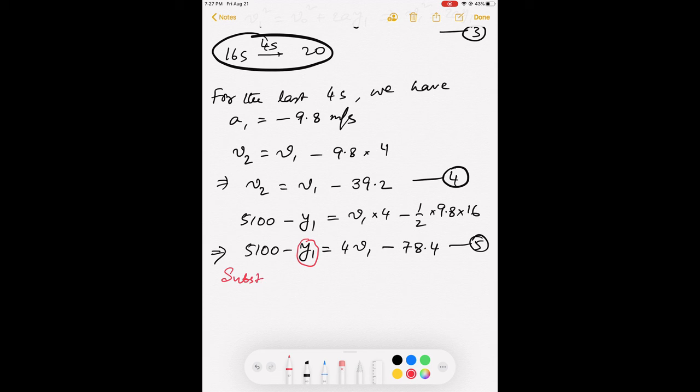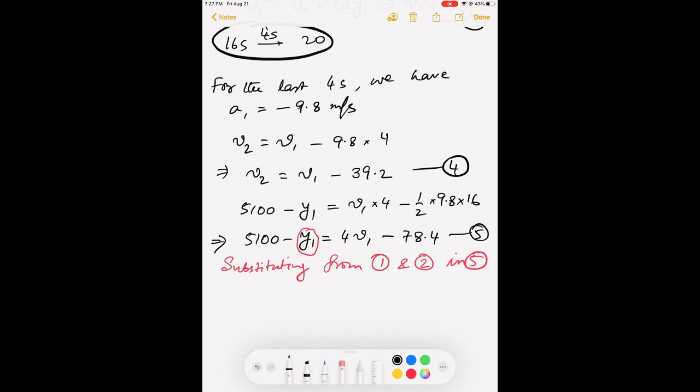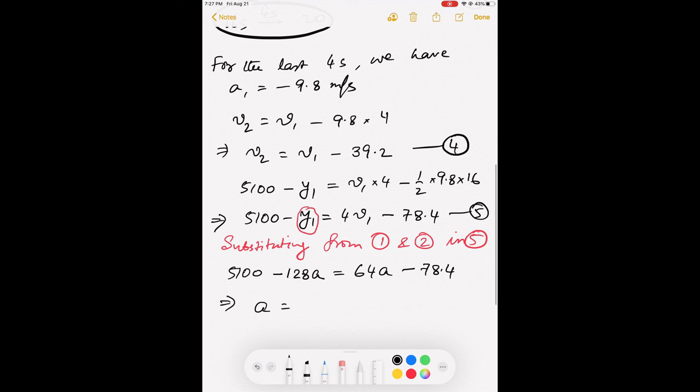So substituting from 1 and 2 in 5, what we get is basically 5100 minus 128a equals 4 times 16a minus 78.4, and you can solve easily now for a from this equation, and that turns out to be 27 meters per second squared.